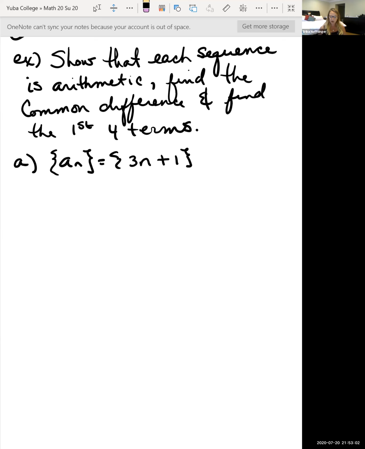So we need to show that if we took a term minus the term right before it, we always get back the same constant, d. So we need to show that if we took some term a sub n minus some term right before it, a sub n minus 1, that this has to equal d, where d is a constant.